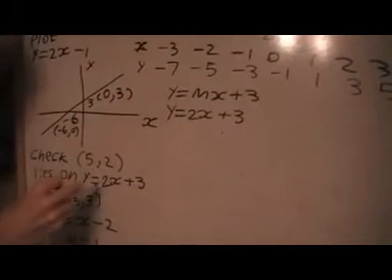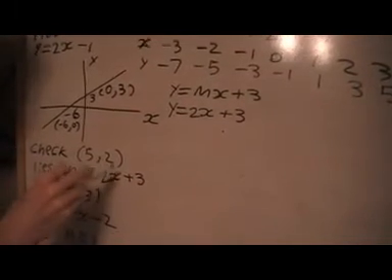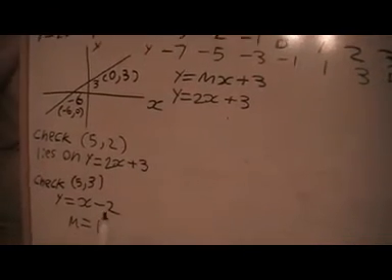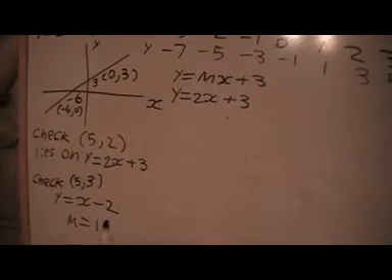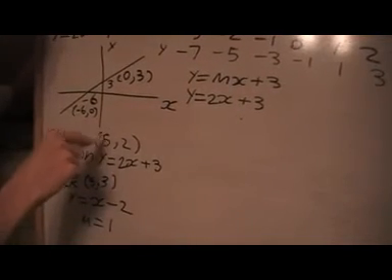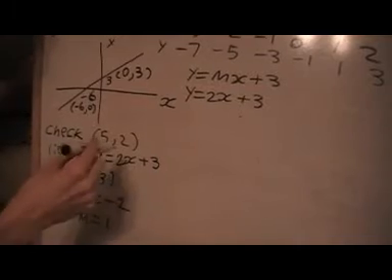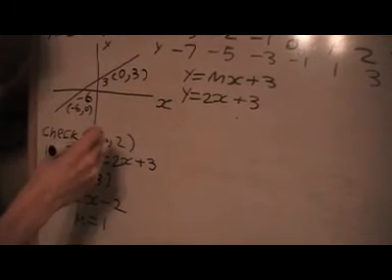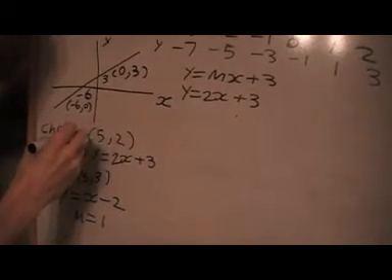And then I've even put that as my next problem. That's just coincidence that I didn't figure this problem out before. We're going to check if the point 5, 2 lies on this line. So our x coordinate's 5.